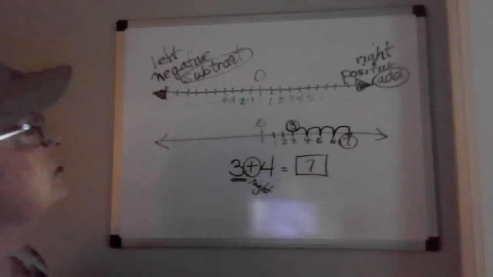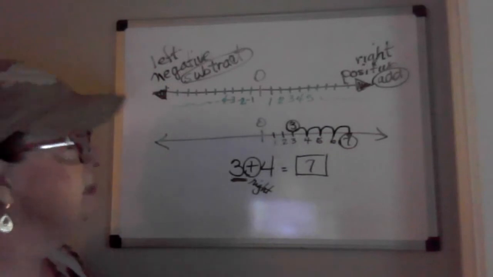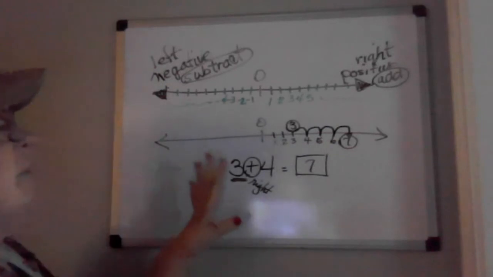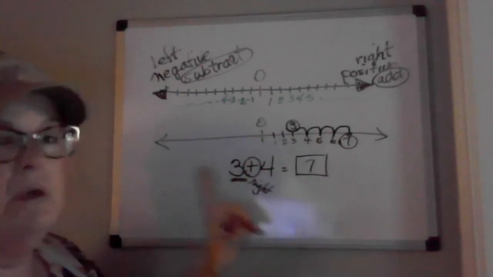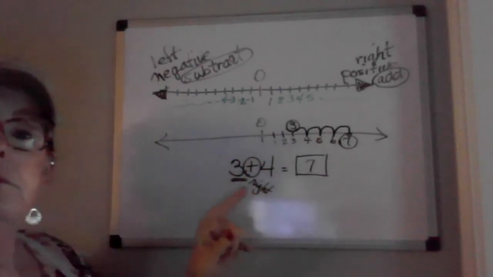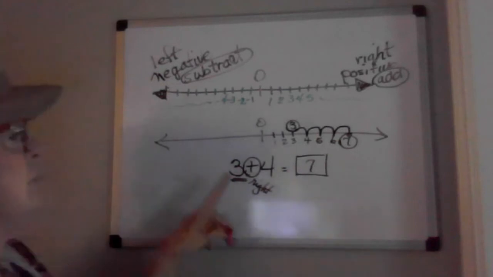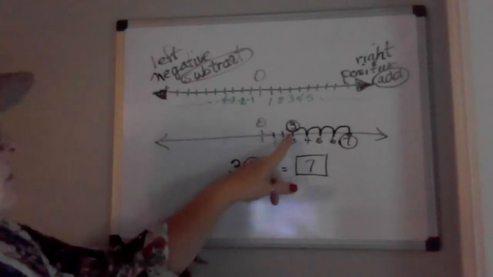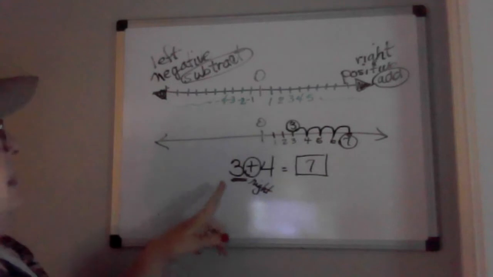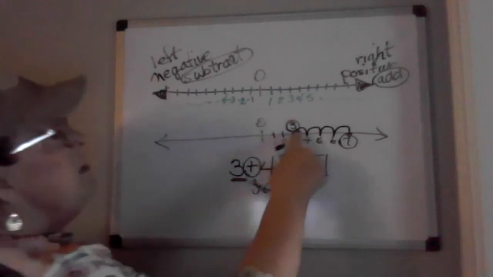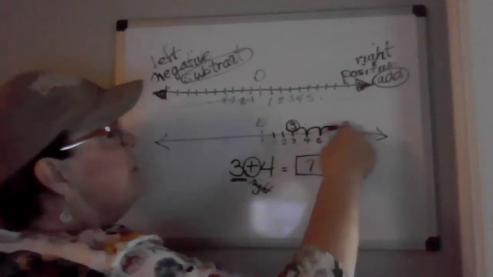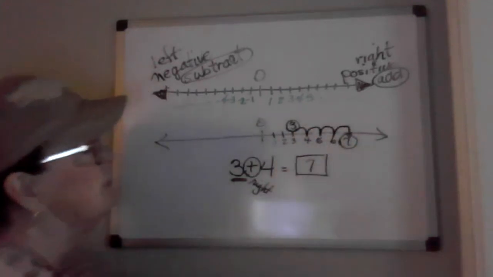Yes, this is going to be extremely elementary, but it's also going to be very useful for you when we talk about negatives. Okay, do you see how this works? You start at the first number and you begin your loops until you've done 1 loop, 2, 3, and 4. The number that you end up on is the answer.